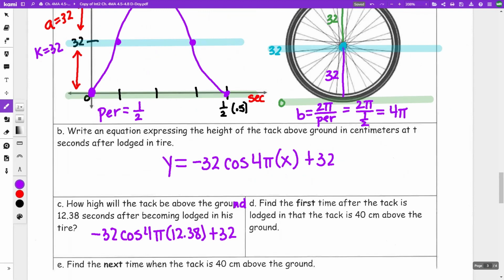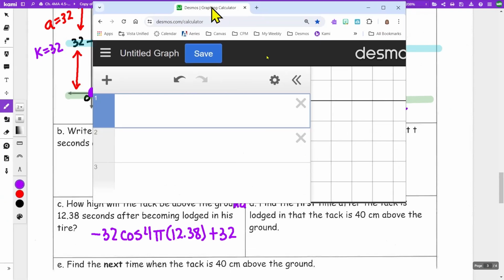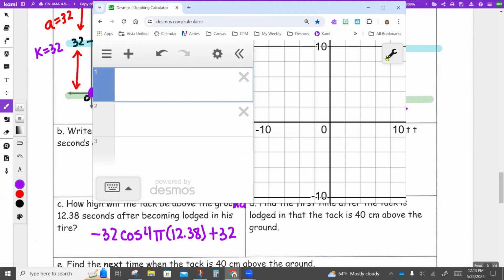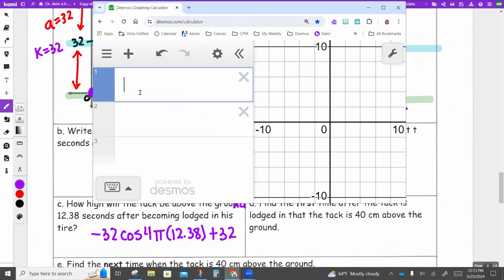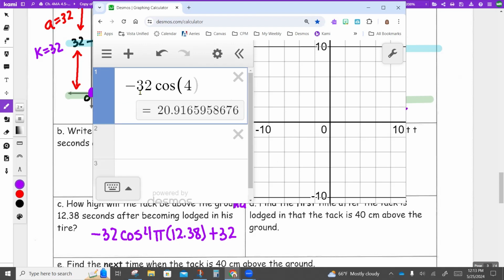So let me just get Desmos over here. And Desmos automatically is in radians. So I'm just clicking on the wrench here. And so I'm going to go negative 32 cosine, parenthesis 4 pi times 8, close my parenthesis, plus 32.